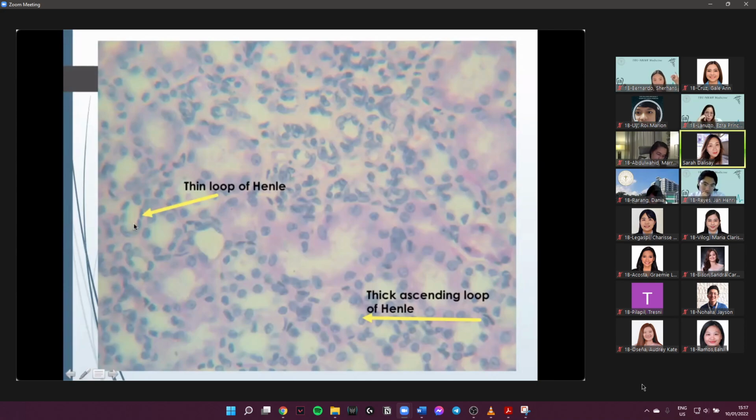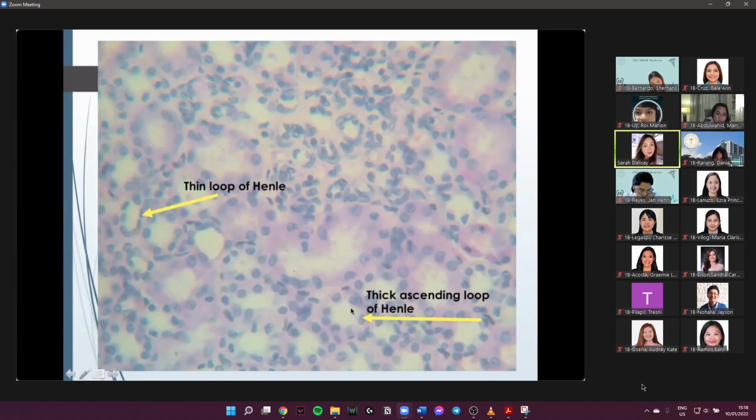Then next, after your thin loop of Henle, again, we will ascend. And this ascending loop will continue into your distal convoluted tubule. And hence, again, this will have the same picture as your distal convoluted tubule, exemplified by this tubule over here. As you can see, you have the small cells, plenty of them, and again, still cuboidal. So this is an example of your ascending loop of Henle, which you can easily differentiate from this loop over here.